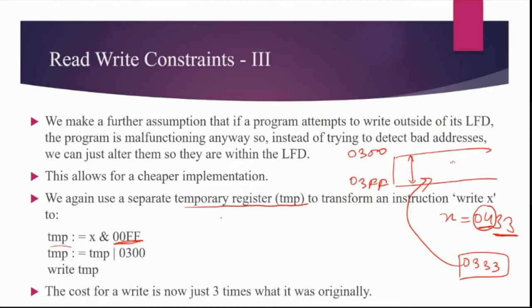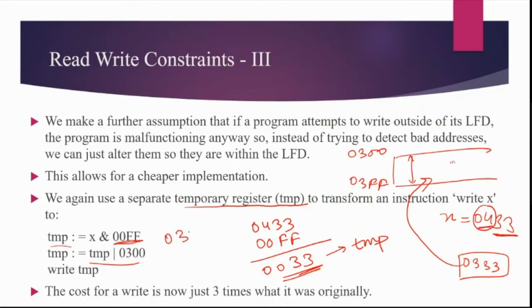So the value of x is 0433, and if we perform the AND operation with this, we get 0033. This is first stored in temp, and then when we perform the second line, 0033 is ORed with 0300, and we get 0333. So we have converted 0433 to 0333. In this way untrusted code can be converted into trusted code.